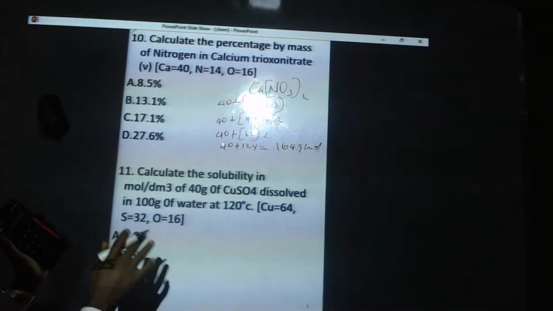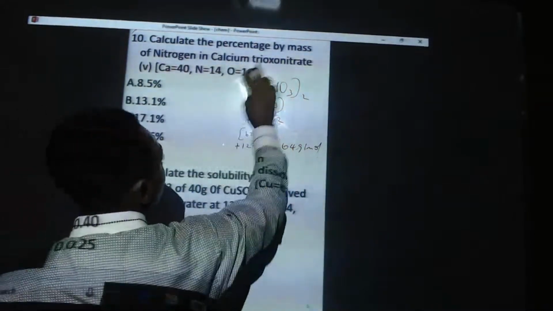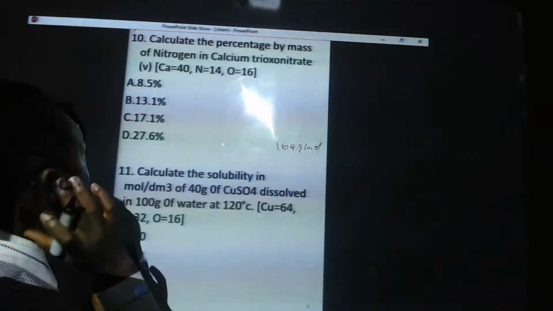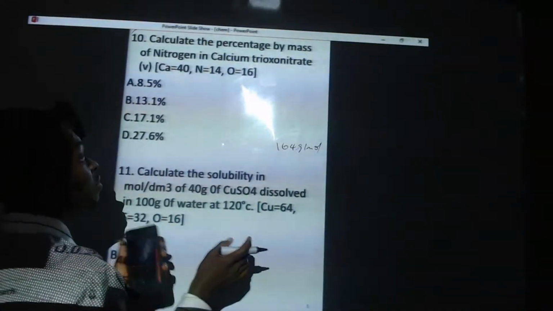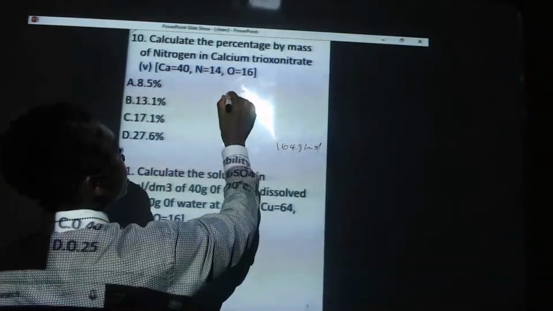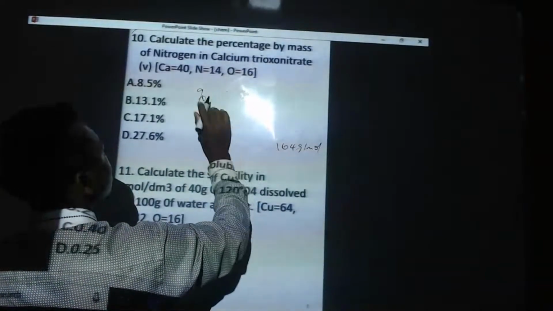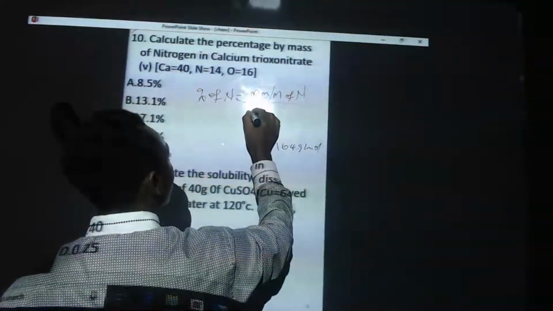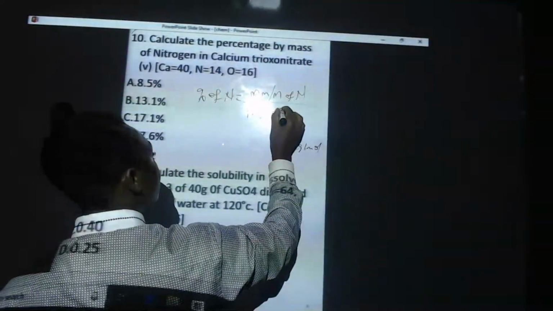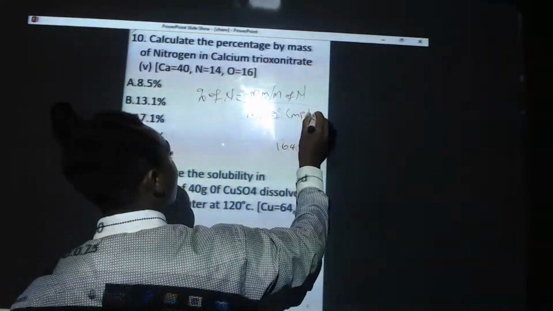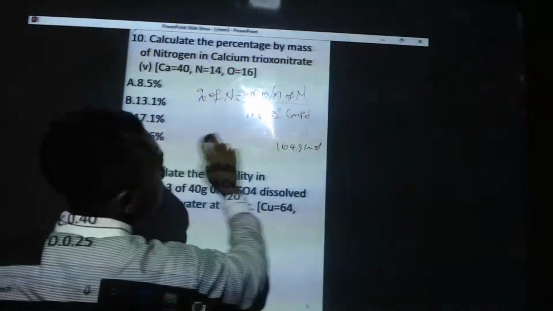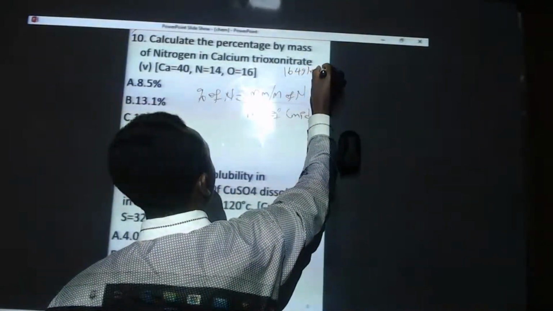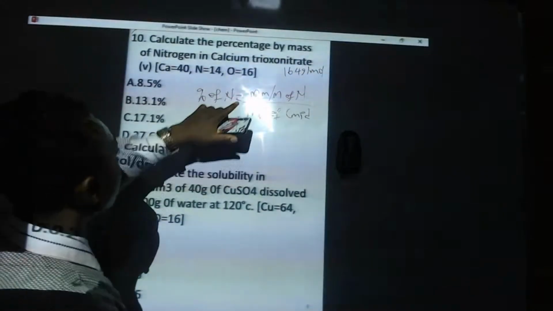Now we are done getting the grams per mole of it. Okay, now we have this as the total. To calculate the percentage of nitrogen, the mass percentage of nitrogen is equal to nitrogen over the molar mass of the compound. We have 164 as the molar mass, and the amount of nitrogen here is 14.